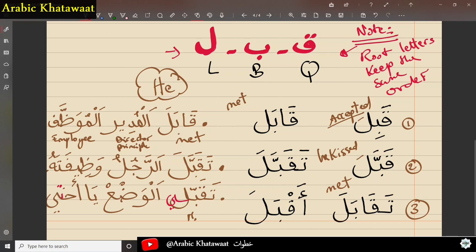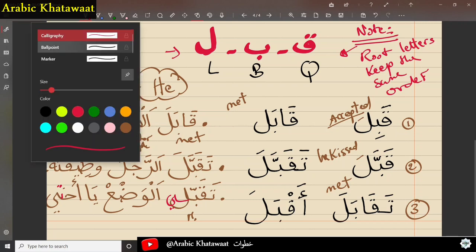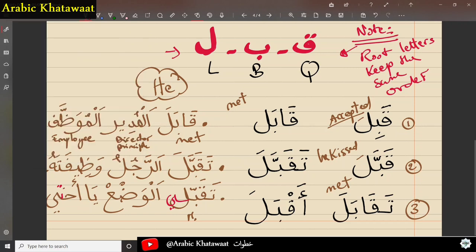The last verb we have is أقبل. أقبل is approach, to approach, or to come forward. So أقبل الرجل بوجه بشوش.